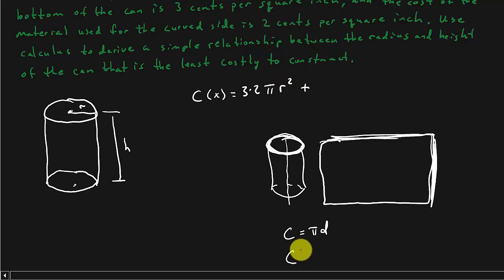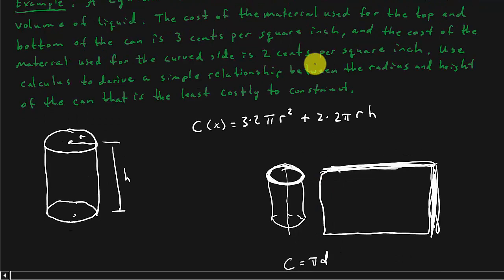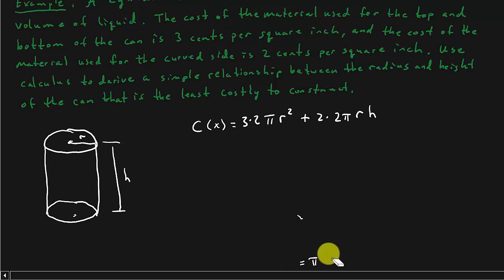So instead of pi times the diameter, we can do pi times, well, what is the diameter? It's 2 times the radius, right? So we can actually write it as 2 pi r for the circumference. So the surface area is 2 pi r, that's this length here, times the height h. And then we multiply that times 2 because it's 2 cents per square inch. Okay?